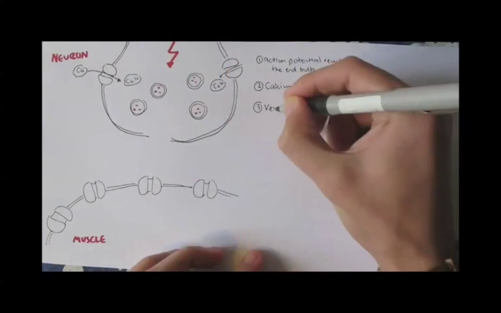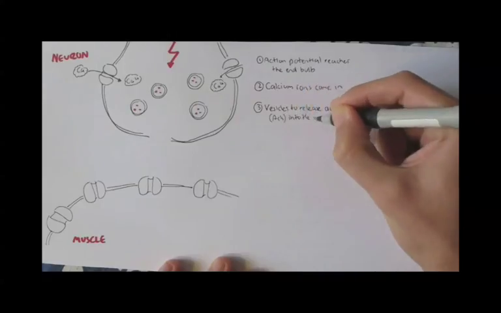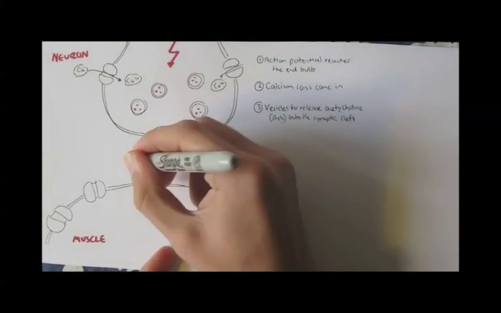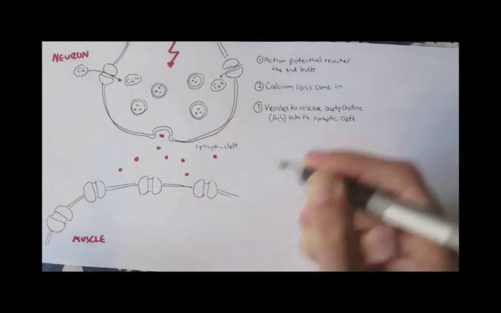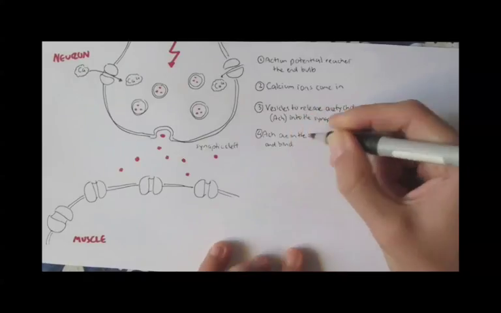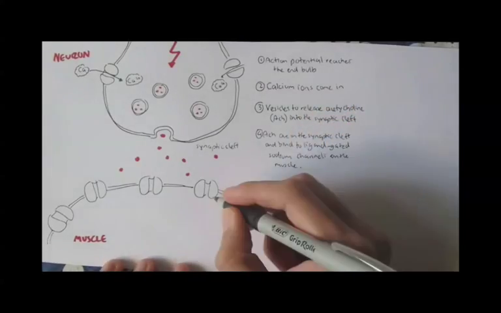Calcium coming in causes these vesicles to release its content, acetylcholine, into the synaptic cleft. So here, the vesicles release acetylcholine into the synaptic cleft. Next, what happens is that acetylcholine will then bind to the ligand-gated sodium channels on the muscle.